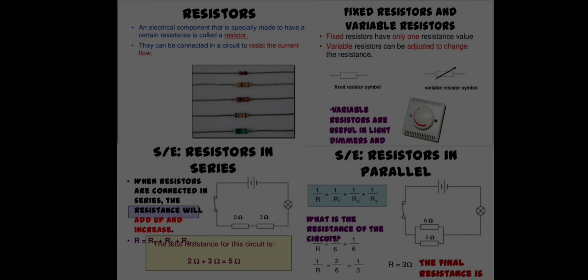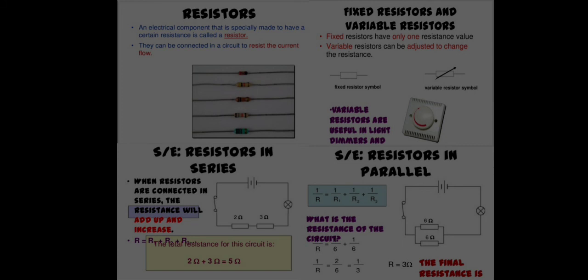It means resistors are connected one after another. You can see the diagram, downside left: 2 ohm and 3 ohm are connected one after another. So it is connected in series, and the total resistance is 5 ohm.